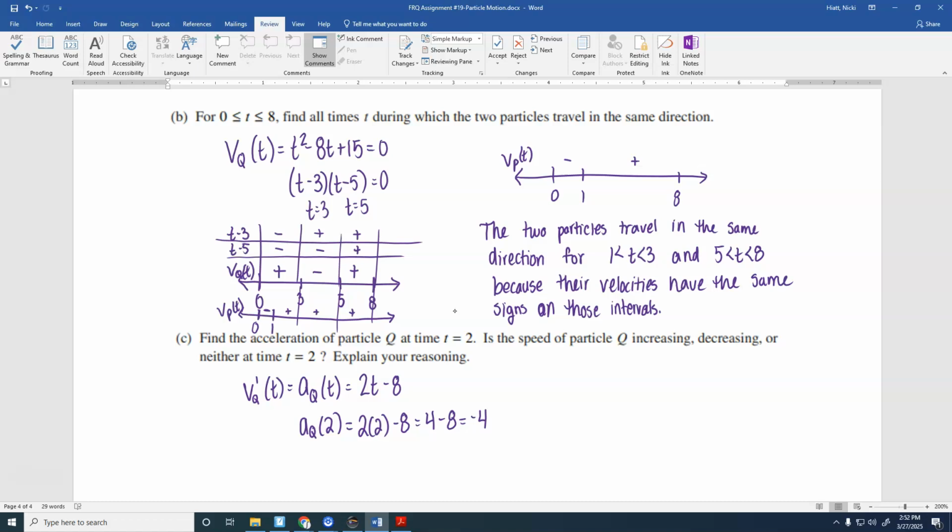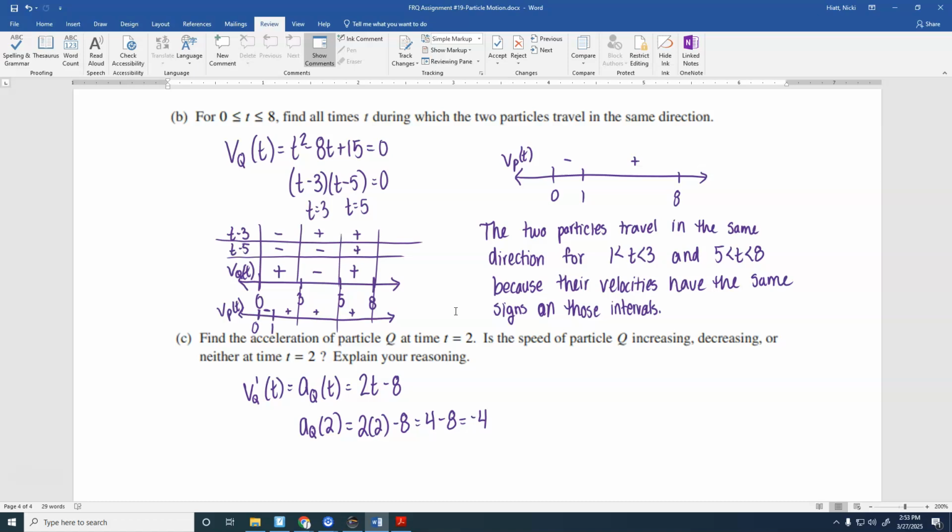Now we need to talk about whether speed is increasing, decreasing, or neither. What do we need to know for speed? We've done some of these problems, but it's easy to forget. We need to know acceleration and velocity, right? The thing that we normally think of is if acceleration is positive, then I'm speeding up. But that is because we are assuming your direction is also positive. So if you have positive velocity, positive acceleration, then you're speeding up.